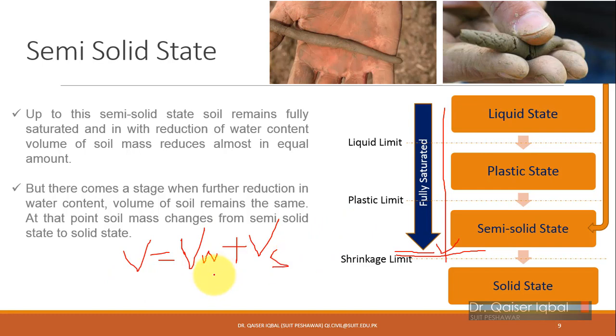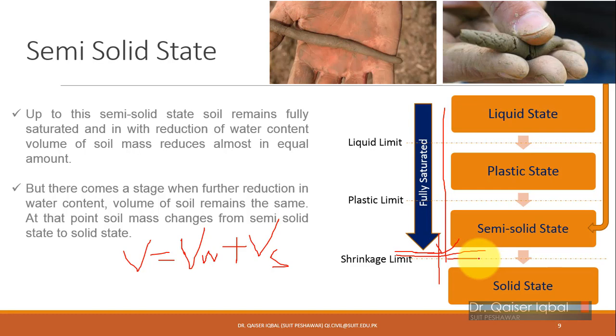So this will be the case of fully saturated soil, because the soil is fully saturated at this point, but if you further reduce the moisture content beyond this semi-solid state, there will be a point where further reducing the moisture or the water, the volume of the sample will not reduce, okay, because the soil is no more fully saturated.